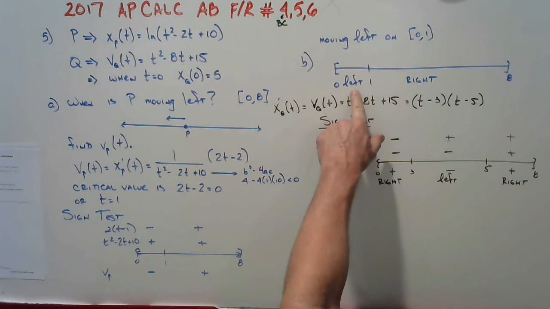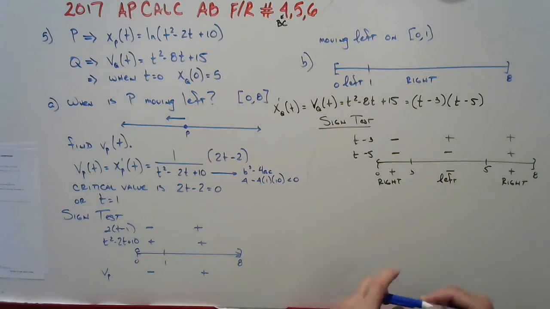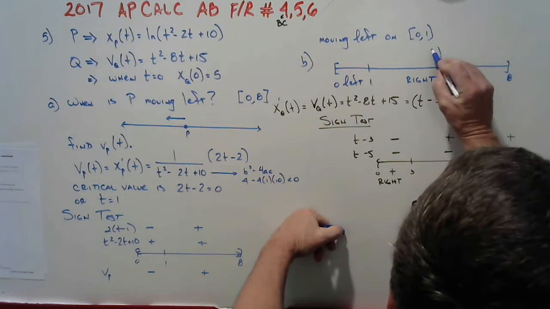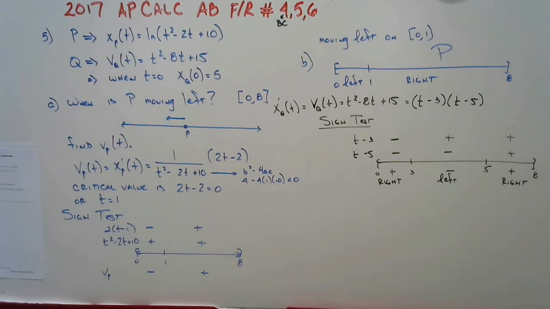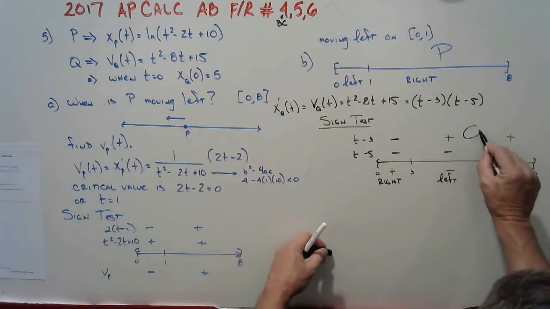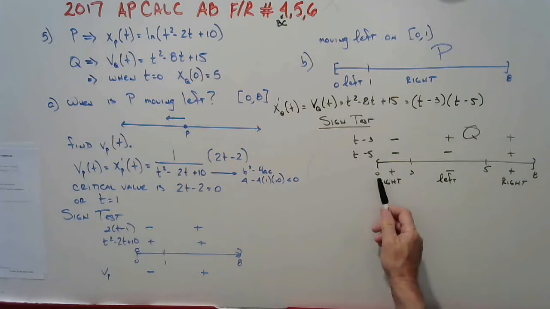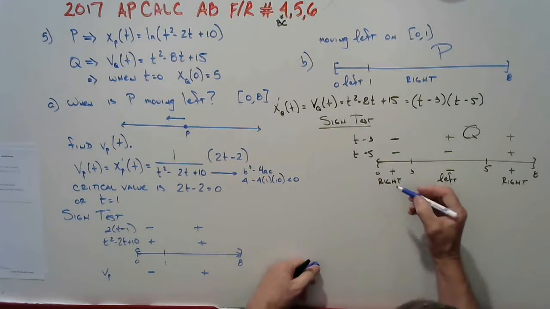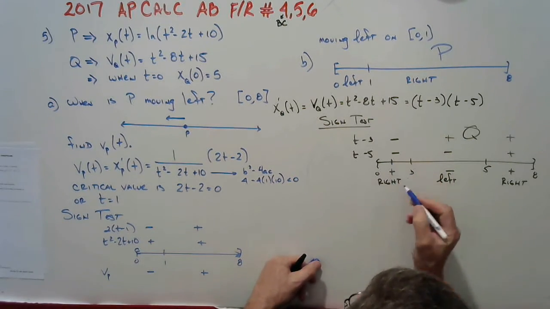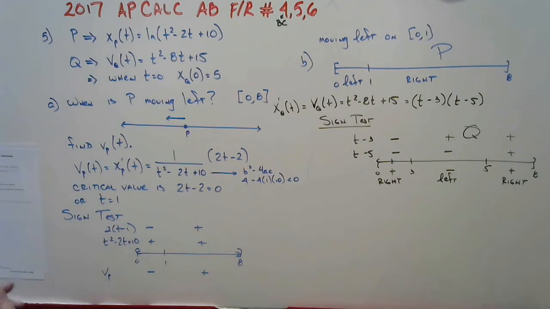Remember, this is particle P up here, and this is particle Q down here. Between 0 and 1, particle P is moving left, but down here, particle Q is moving to the right. So they're not moving in the same direction.